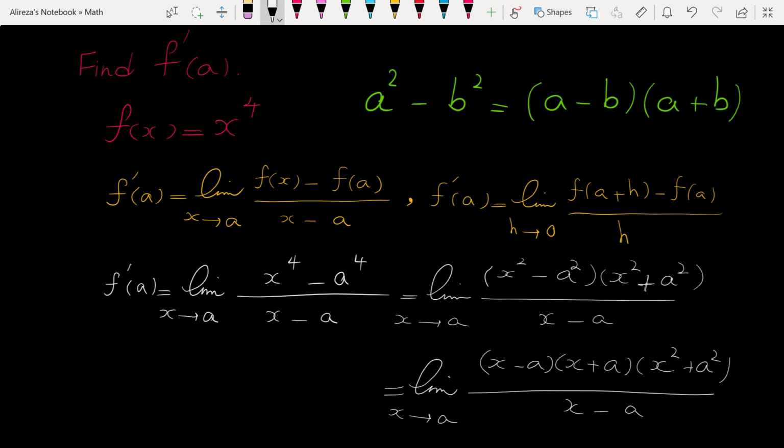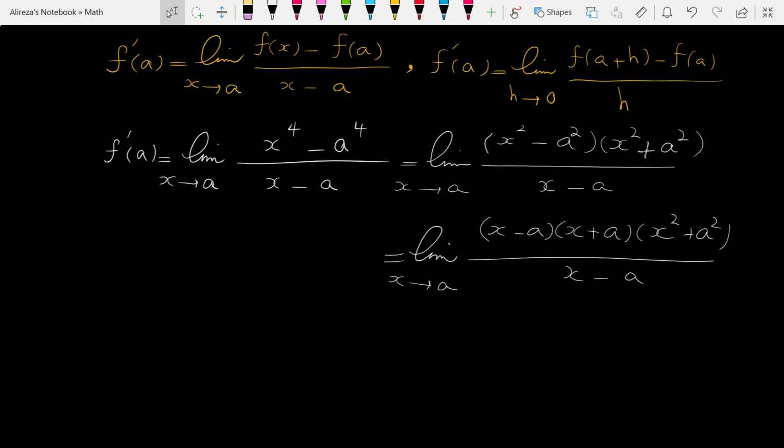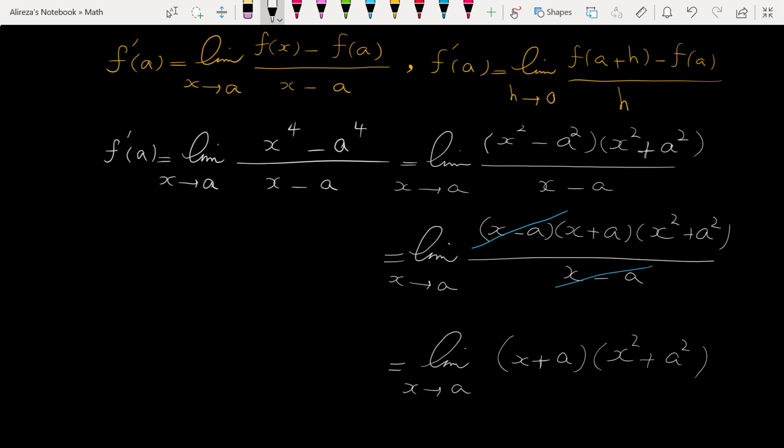Now, by comparing numerator and denominator, x minus a from the numerator and x minus a from the denominator cancel each other. This cancels with this. What remains is the limit of x plus a times x to the 2 plus a to the 2.